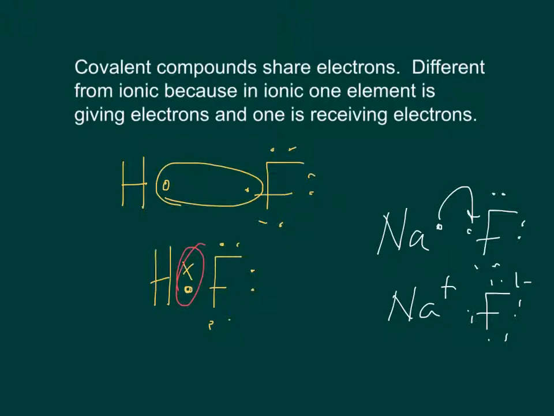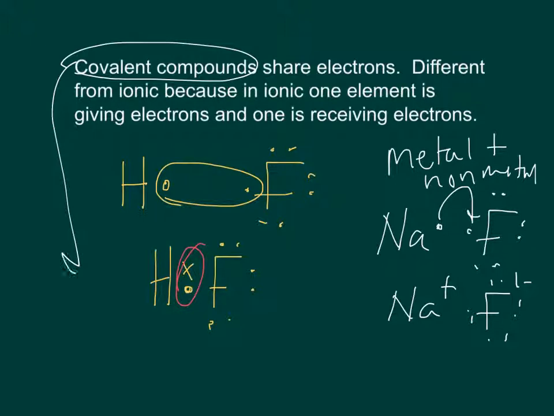So the difference is this. This is going to be with a metal plus a non-metal, right? But with our covalent compounds, okay, these are always going to be a non-metal plus a non-metal, right?